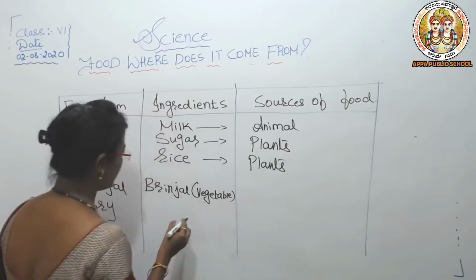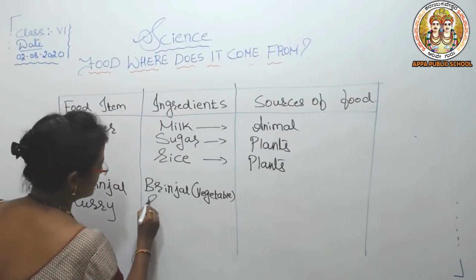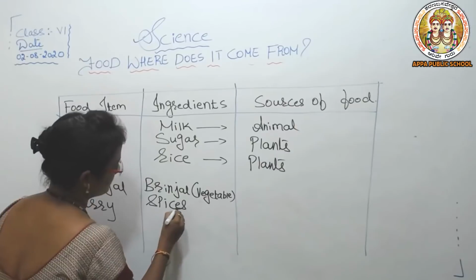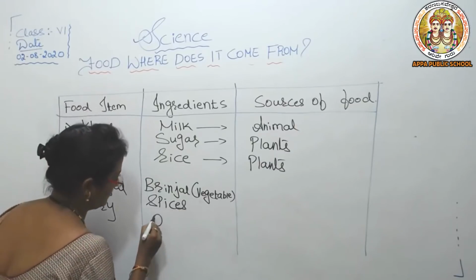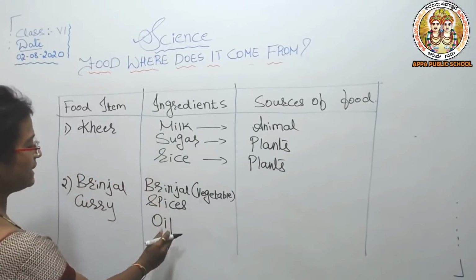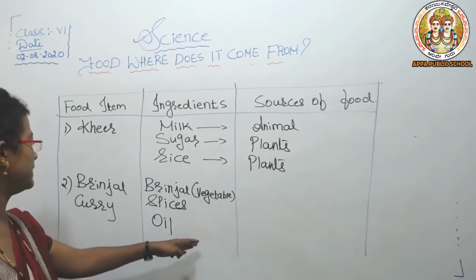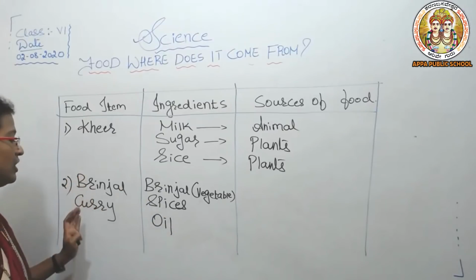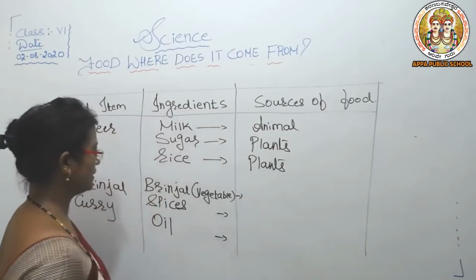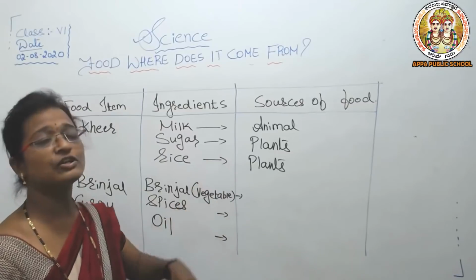So again we need spices and we need oil. So these are the ingredients which we need to prepare a dish called brinjal. From which source do we get them? Brinjal, do we get it from plants or animals?